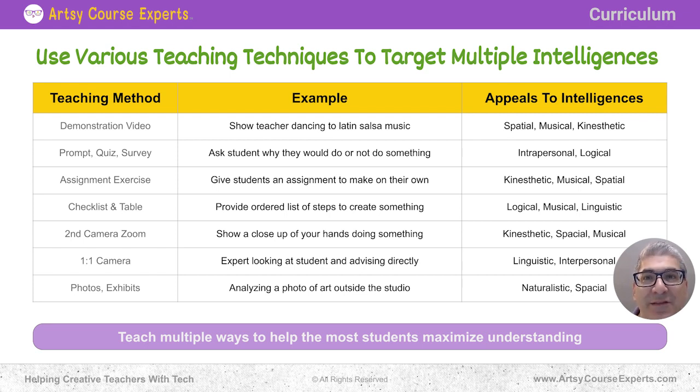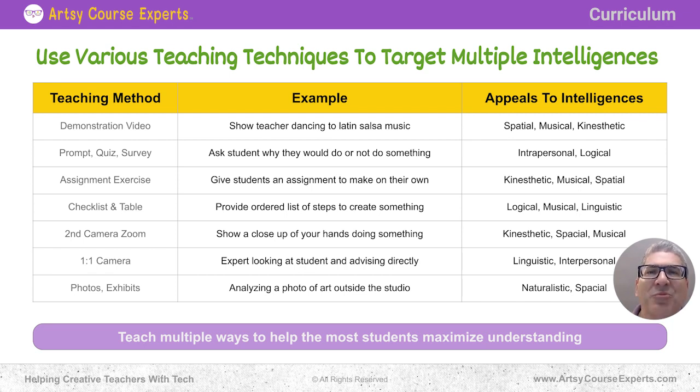Use assignment exercises for students that are into kinesthetics or music or spatial, so they make something on their own. You might provide checklists or tables for students that are naturally gifted in logical, musical, or linguistic, and they prefer to read and digest their information. You may use a second camera or zoom into your hands if you're teaching to kinesthetic, spatial, or musical intelligences.